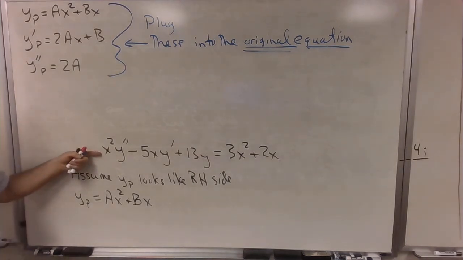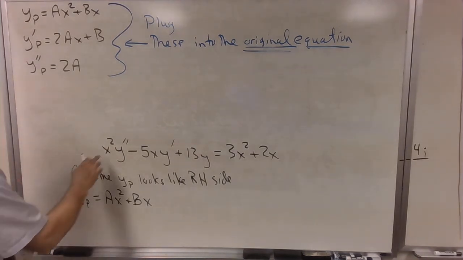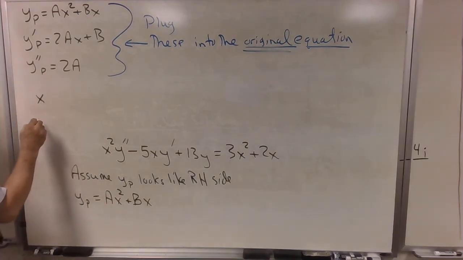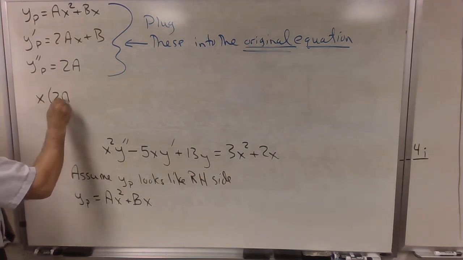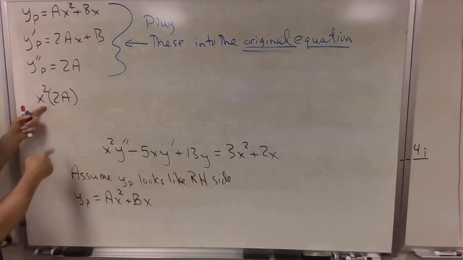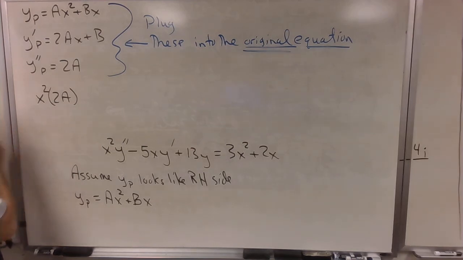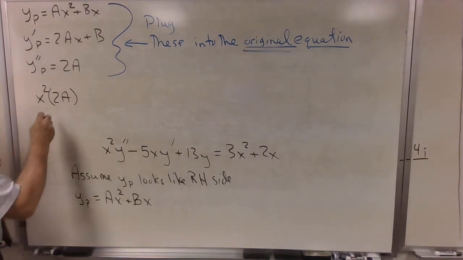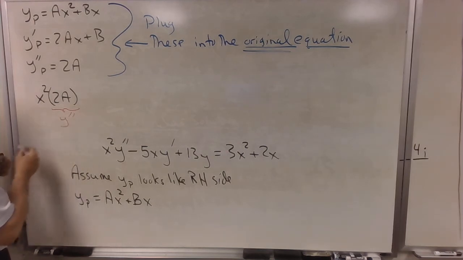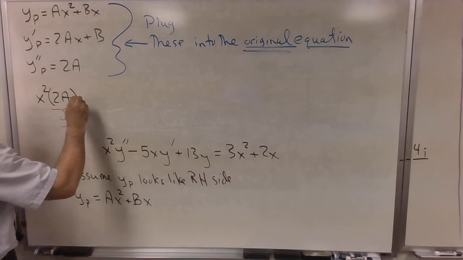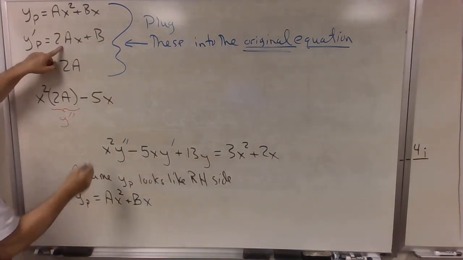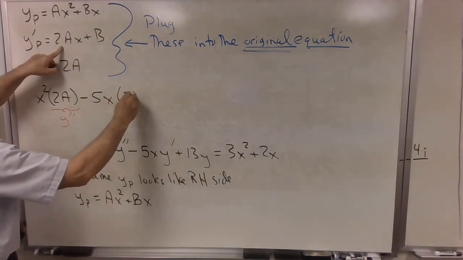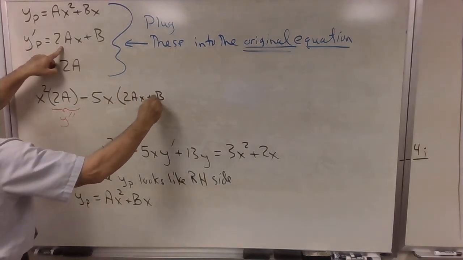This is our original equation. So we'll have x squared y double prime, which is 2a, and then we have negative 5x y prime, which is 2ax plus b.